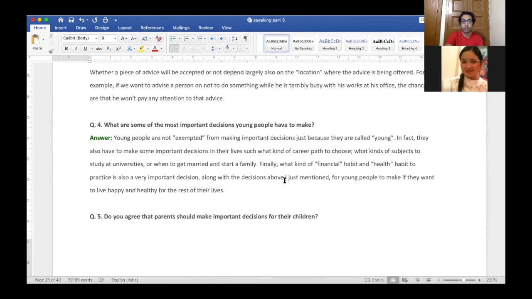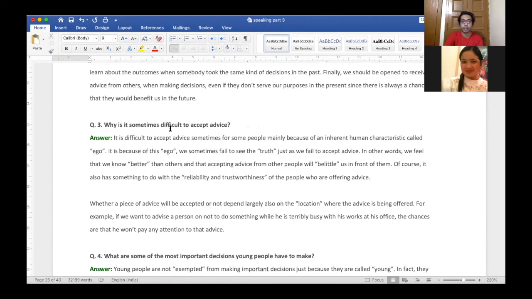I think it is sometimes difficult to accept advice from others, because as human beings we have ego, we are used to listening to ourselves only, and we may think that their advices are not good enough, and that we ourselves are better at thinking for our own self, and we have our own capability to do it for ourselves.